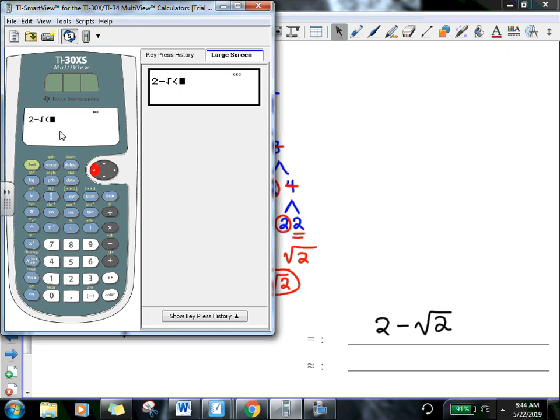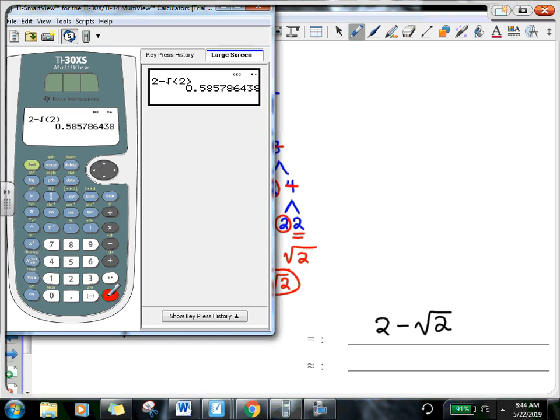Bear with me here, it's very touchy. Close up the parenthesis and hit enter. Finally. All right, there is our approximate answer. It's 0.585, or if you rounded that, it could be 0.586.